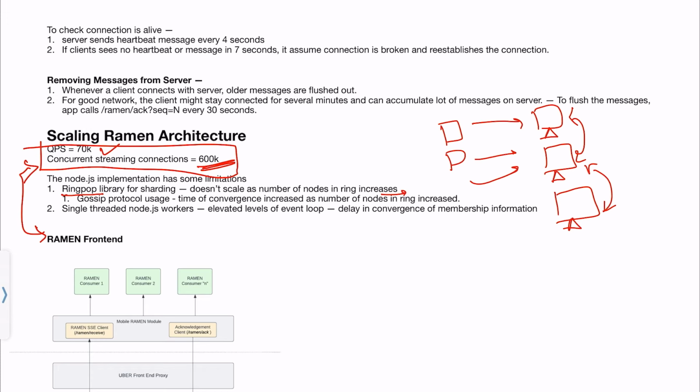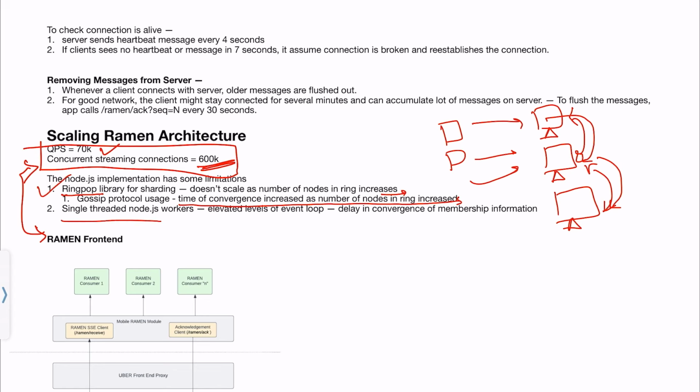As the number of nodes increases, the gossip protocol, which works on the concept of passing messages on to every node to deliver the particular information, takes longer. So the time of convergence increases as the number of nodes in the ring increases, because this node informs that node, let's say, that a particular node is not available, and that node informs the next one. This is how the broadcasting of messages happens in the gossip protocol. So this was one of the limitations.